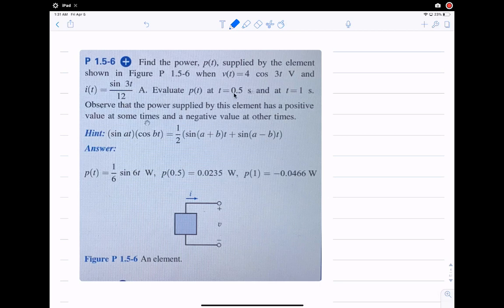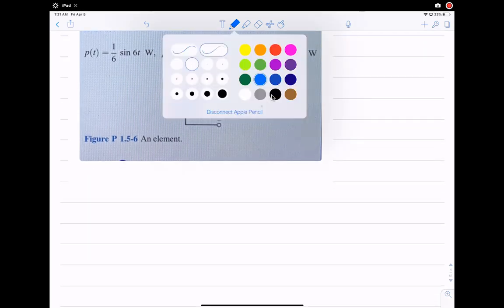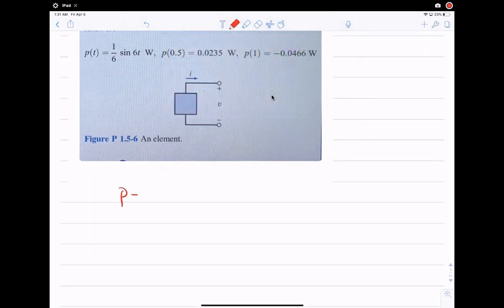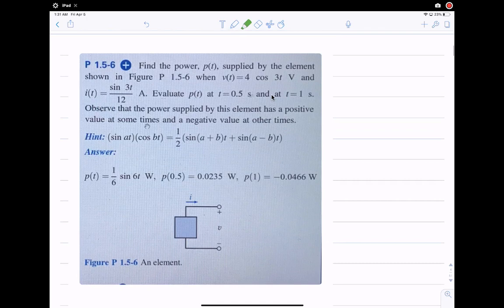Evaluate the power at t equal 0.5, then after half a second, and then at t equal 1 second. Okay, so I'm gonna just use the direct formula for P equal V times I, right? Let me mark the given information instead of writing it down.